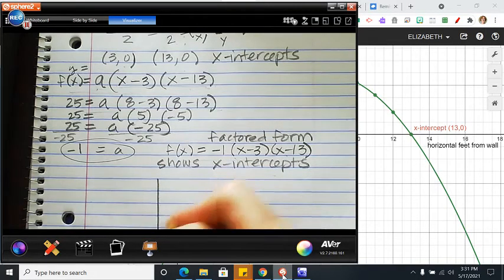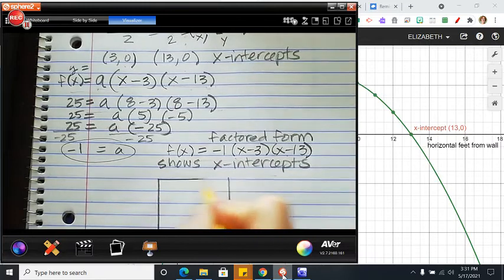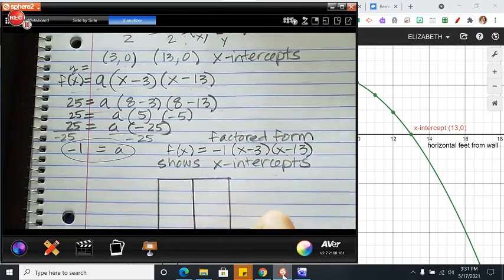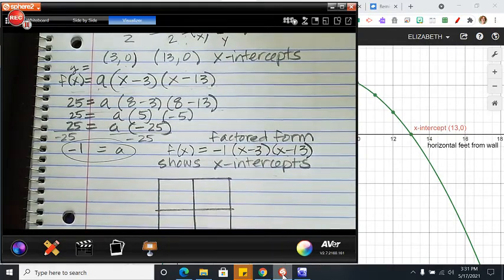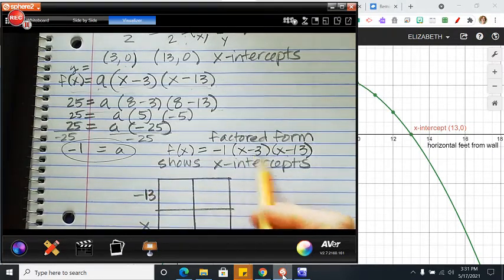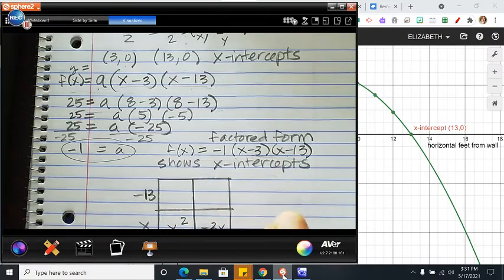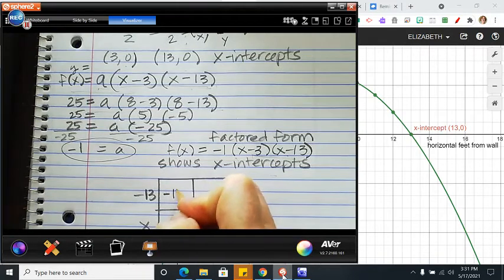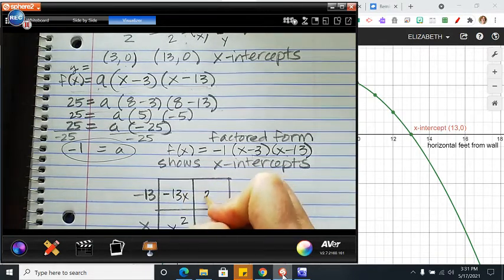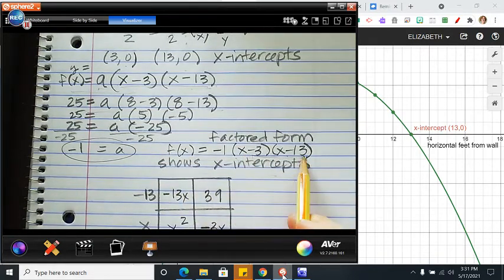So to do that, and this is where we kind of started running short on time, I'm going to multiply x minus 3 times x minus 13. That's going to give me x squared minus 3x minus 13x plus 39, okay?